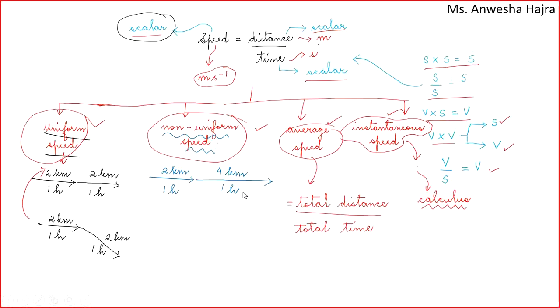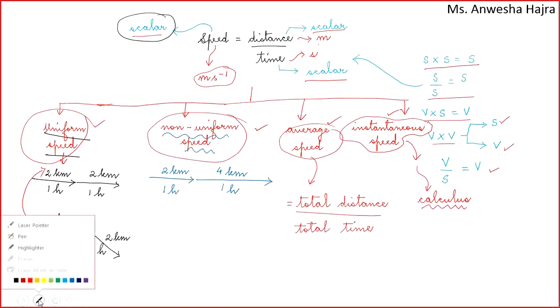Speed was of four types: uniform speed, non-uniform speed, average speed, which was total distance by total time, and I told you instantaneous speed. This is when the speed changes every instant, and that can be done with the help of calculus.